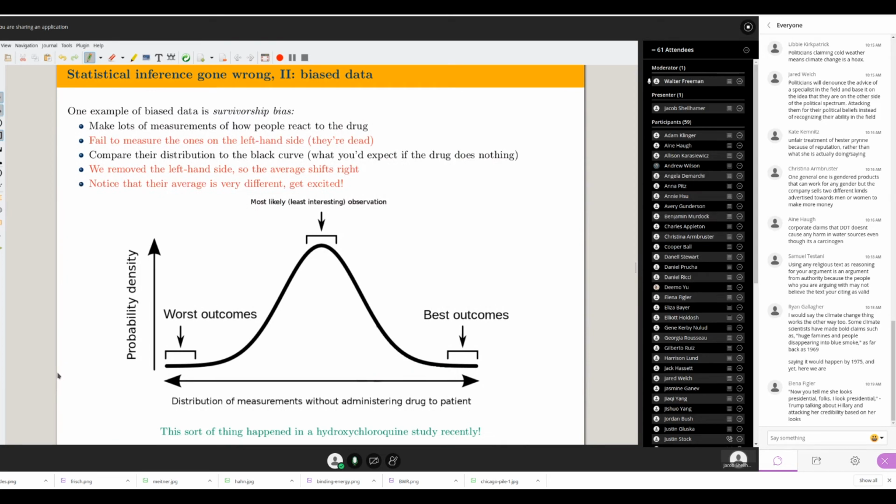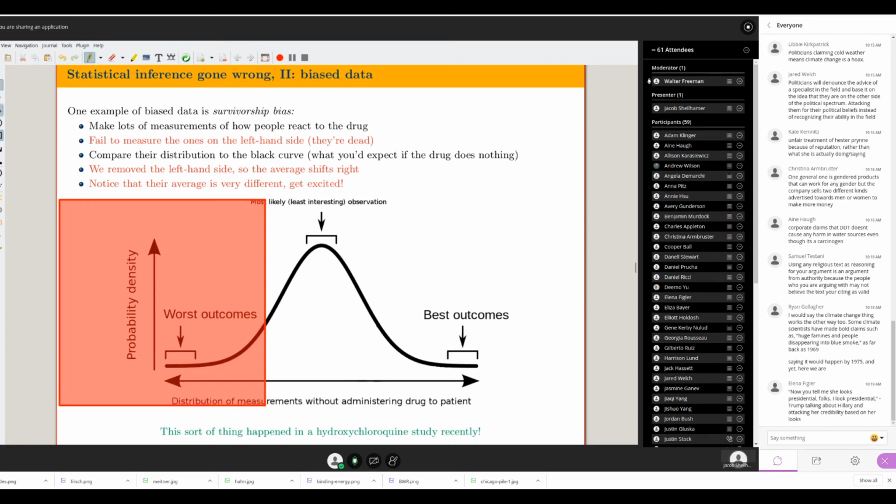Another example is survivorship bias. This is what Ryan mentioned is the cause of that example with the airplanes. So remember here, if we're studying a drug or studying an intervention with airplanes, remember some people over here with bad outcomes are going to die because of those outcomes.